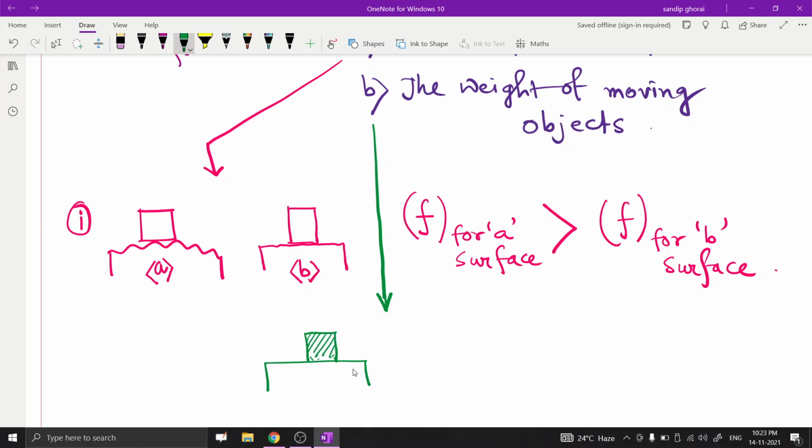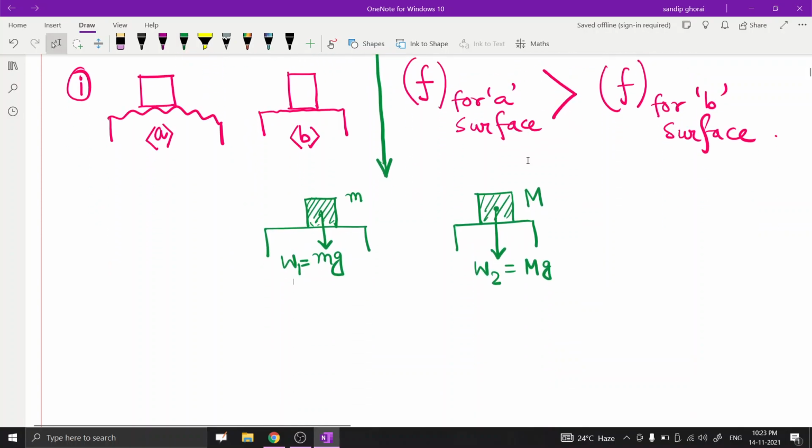For the first body we take mass small m, and the weight of the body is mg, as we know W equals mg. For the second case the surface is the same but we take a different body of mass capital M, so the weight for this case, W2, is equal to capital Mg, and for the first case W1 is equal to mg.